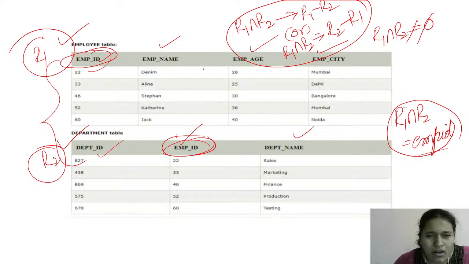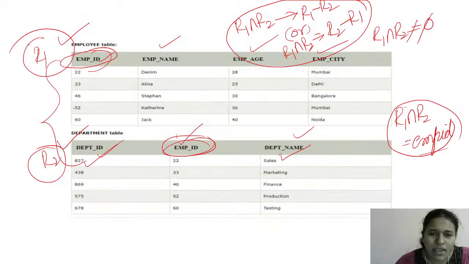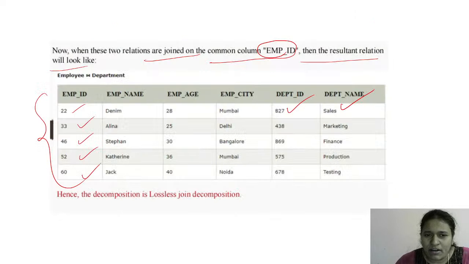Danium, employee age 28, department name sales, and department ID 827. See here, department ID 827, department name sales. Like this, we are getting all the data. We are not missing any data from the above two relations, because employee ID is the primary key for the employee table. That's why the relation is a lossless join decomposition.